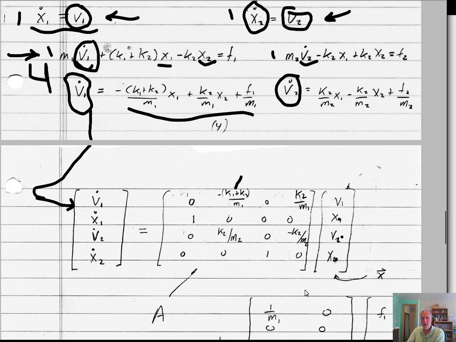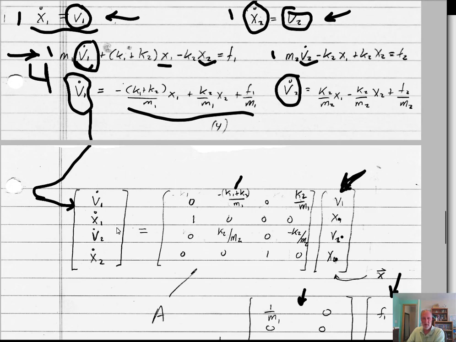Well, I put it in a separate matrix here where these are my inputs and these are my states. Makes sense because we separate out the inputs because we haven't specified them yet. This is how the system behaves. This is the dynamics.